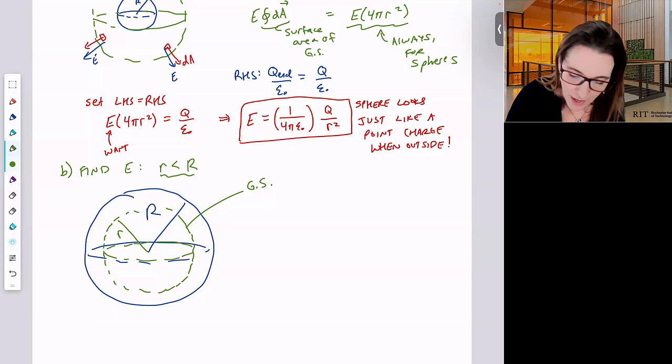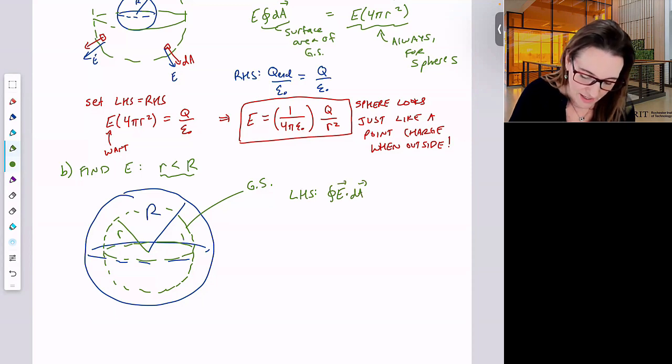Well, it turns out if we just go through this and do the left-hand side, the integral of E dot dA, even though I moved this Gaussian surface inside, it still has all of the same arguments that can be made for what E dot dA is.